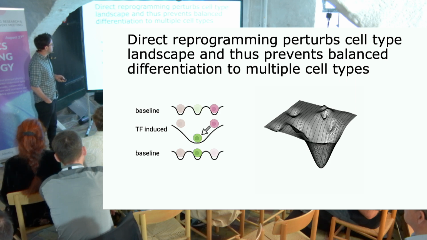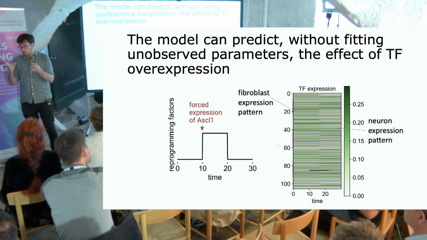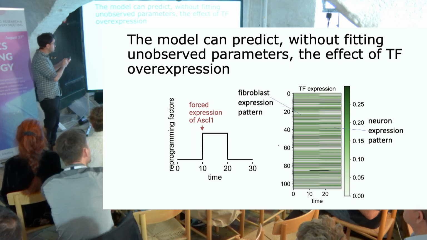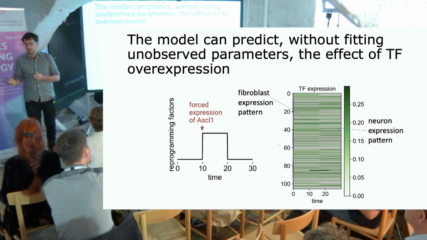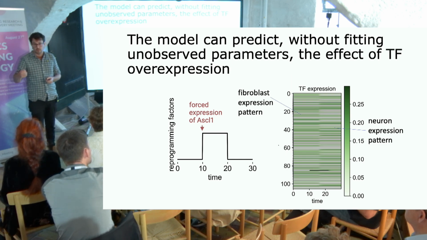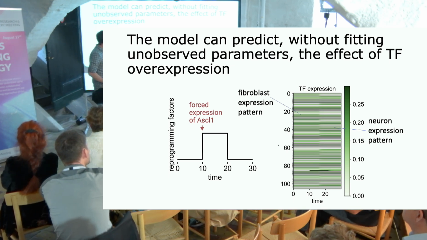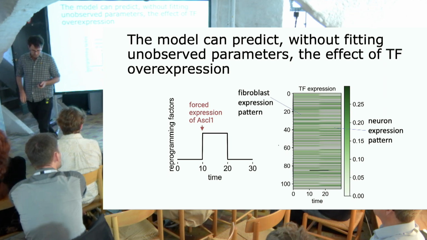But this is not just an abstract concept, right? We have the dynamical system, which is parameterized by the terminal identities. So we can ask, what happens if we actually do this type of in silico experiment of overexpressing specific transcription factors? Here, for example, we overexpress ASCL1, and we start from a fibroblast, and we do end up in a neuron, as we would expect.